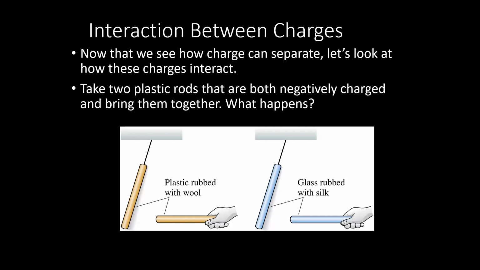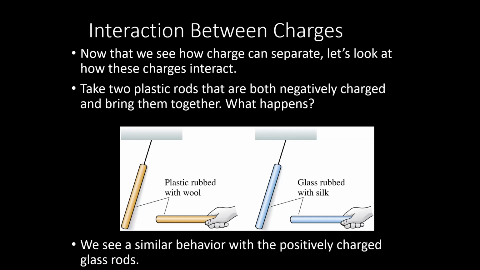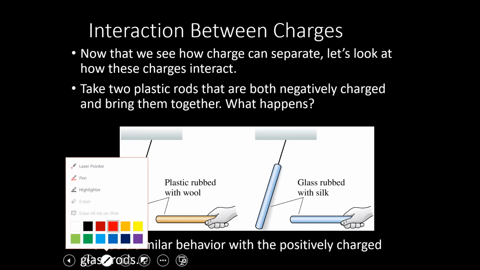If you look back at the last video, if you take a plastic rod and rub it with wool, you get a negative charge. And I briefly mentioned there that if you take a glass rod and rub it with silk, you get a positive charge. So both of these have charges, okay? Let me draw these in so we can see here.